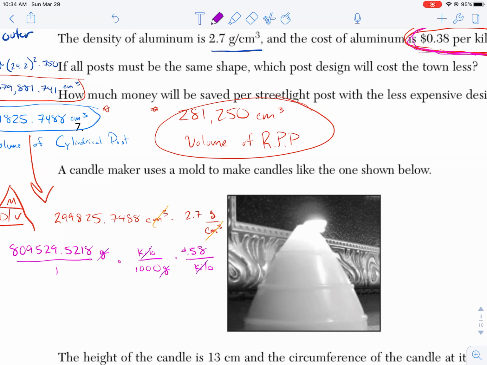Okay, so when all said and done, we should be just left with how much this is going to cost the town to make. It's going to be a dollar amount. Okay, so we're going to multiply this, we're going to divide it by this, and then we're going to again multiply it by 0.38. Okay, so let me write this all out here for you. So we're going to divide this by 1,000 and multiply it by 0.38.